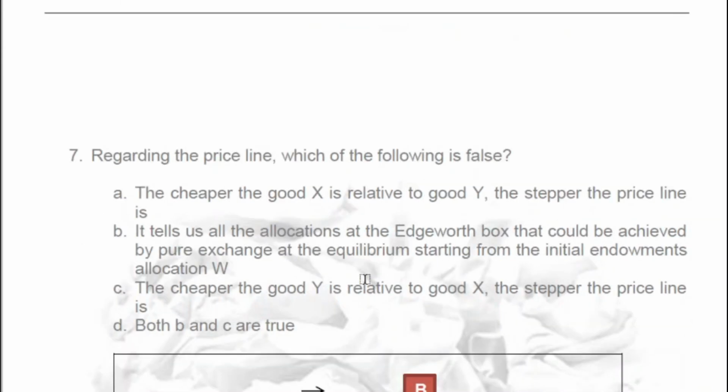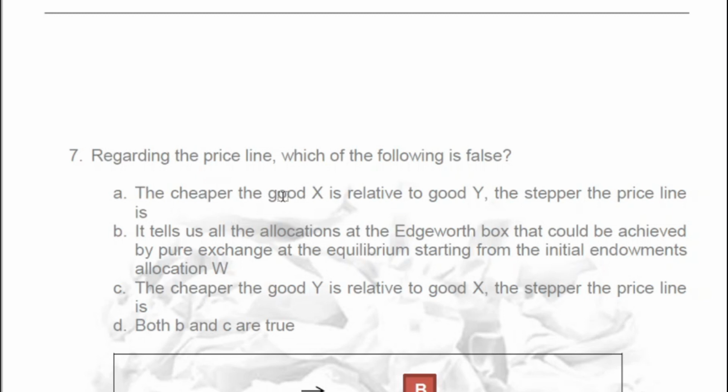Regarding the price line, which of the following is false? The cheaper the good X is relative to good Y, the steeper the price line is. Well, this is correct. Sorry, I thought it was saying here the more expensive.